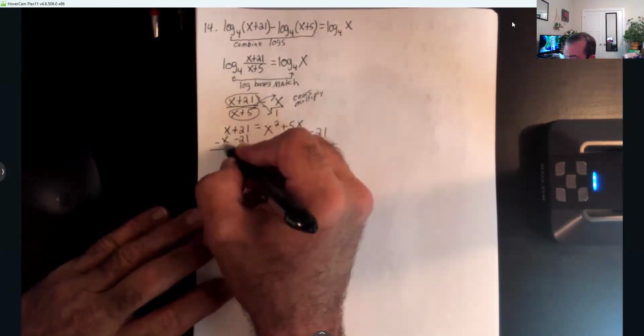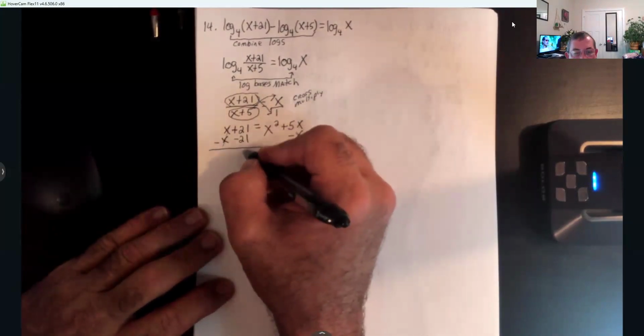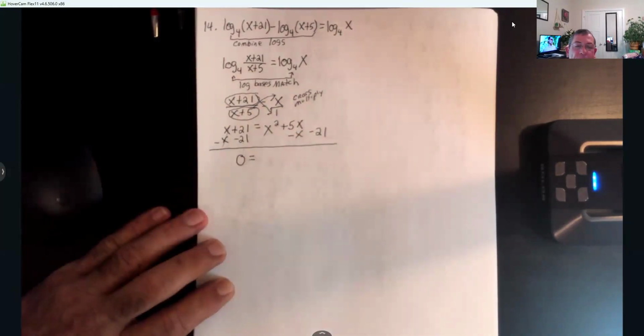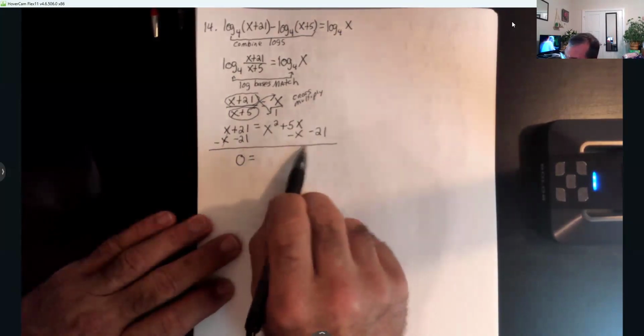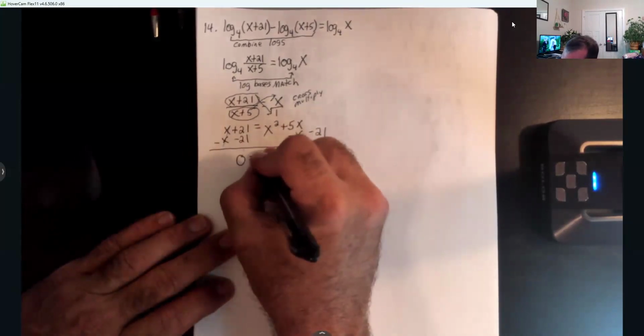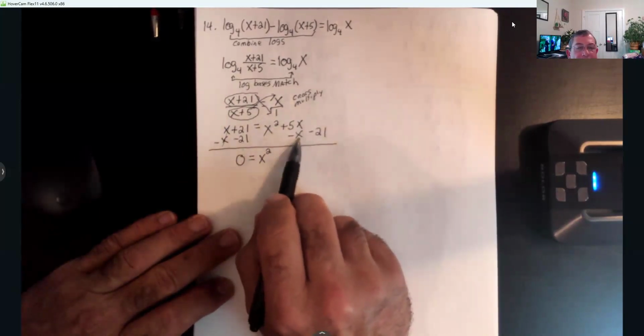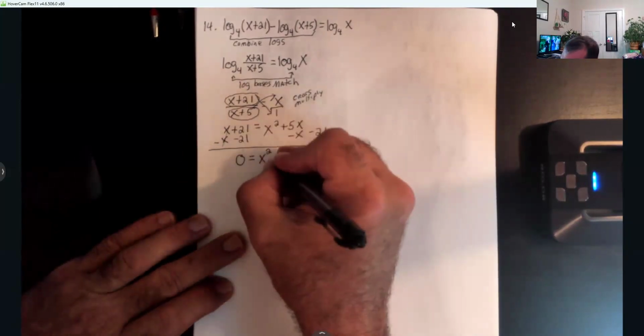Because look, x's cancel, 21's cancel. Y'all, the left side is now 0. So over here, the x squared comes down. The 5x will add to that negative x, giving us 4x.